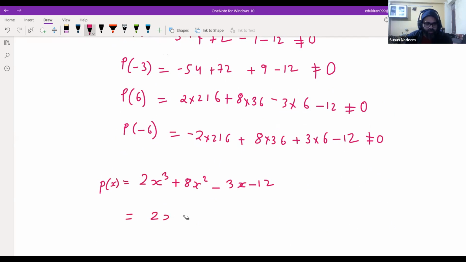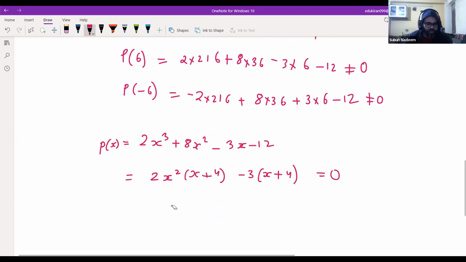So 2x square you take common, x plus 4, minus 3 you take common, x plus 4. You will equate it to 0. That means 2x square minus 3 into x plus 4 equal to 0.